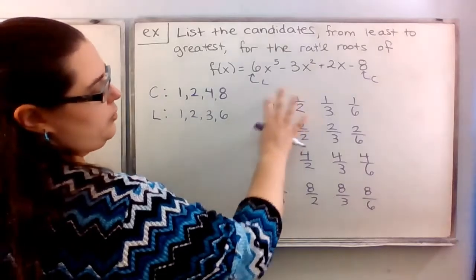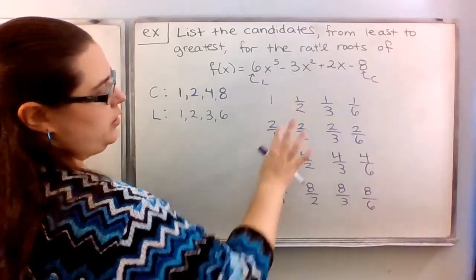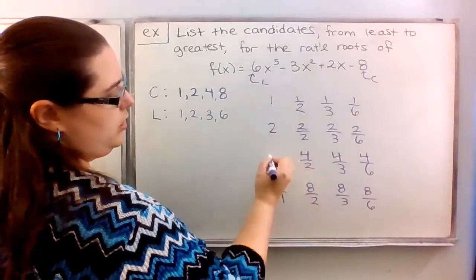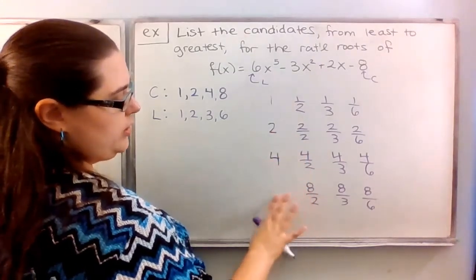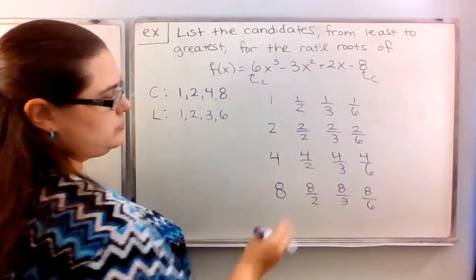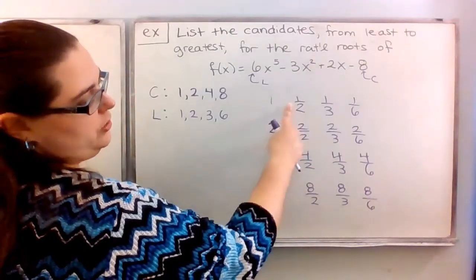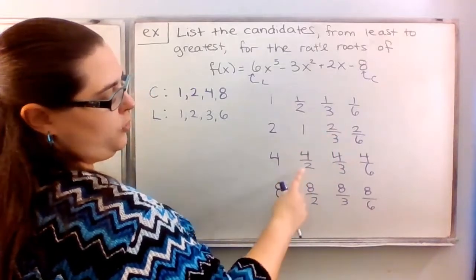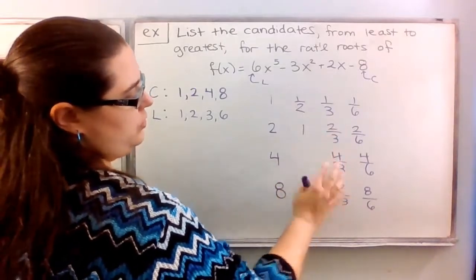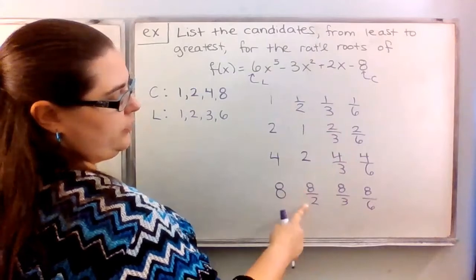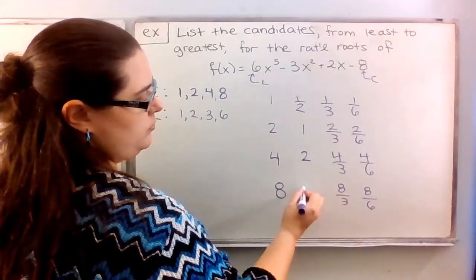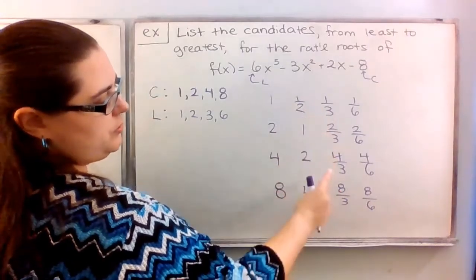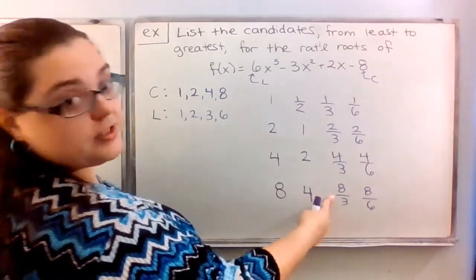So for instance, I'm going to rewrite 1 over 1 as 1, 2 over 1 is 2, 4 over 1 is 4, and 8 over 1 is just 8. 1/2 is reduced, 2 over 2 is 1, 4 over 2 is 2, and 8 over 2, that's 4. 1/3 is reduced, 2/3 is reduced, 4/3 is reduced, 8/3 is reduced.